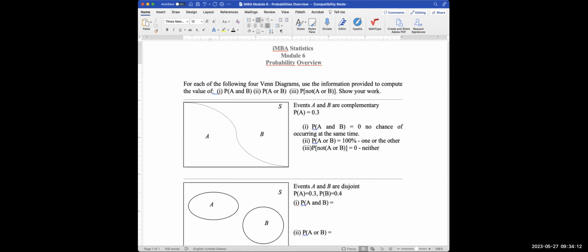Okay, so it's a very simple example to describe it. By knowing that two events are complementary, you know a lot. Even if I know 30% for A, I don't need that information to solve for those probabilities. I already know those probabilities.